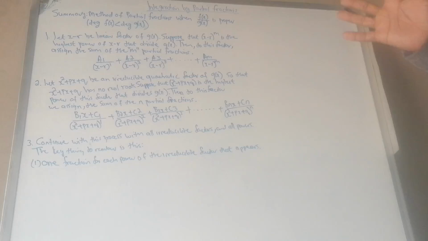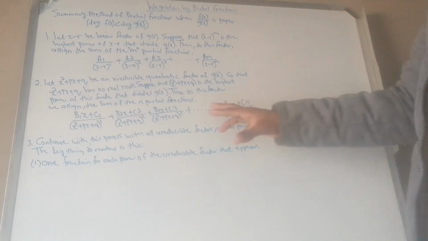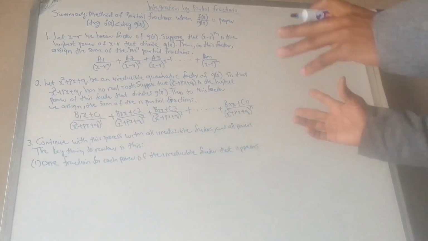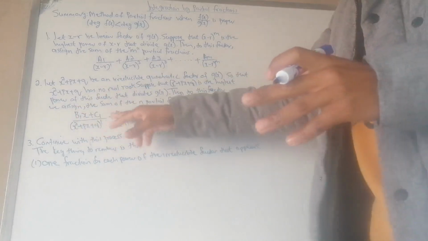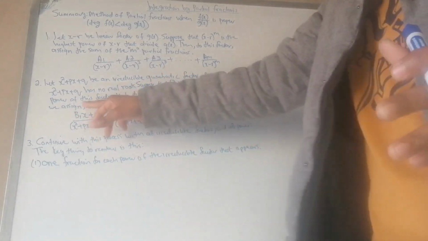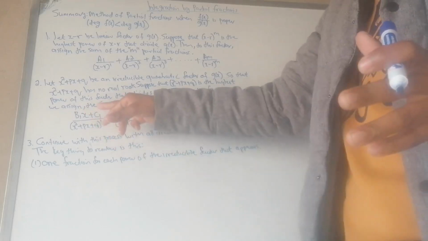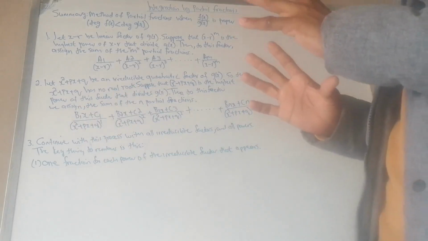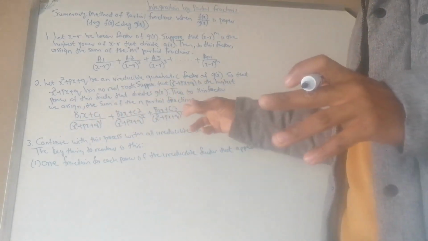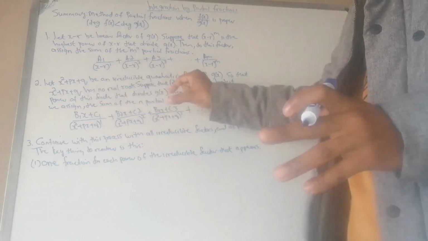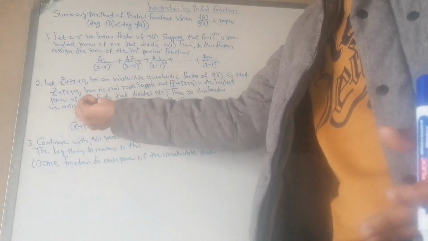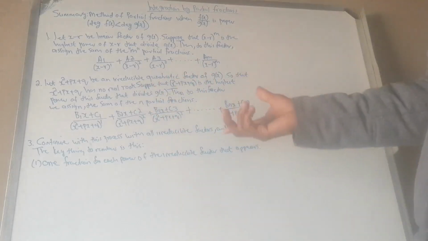So for every factor that appears, we must assign whatever we need to assign. In this case, we assign b1x plus c1 because it's an irreducible quadratic factor.